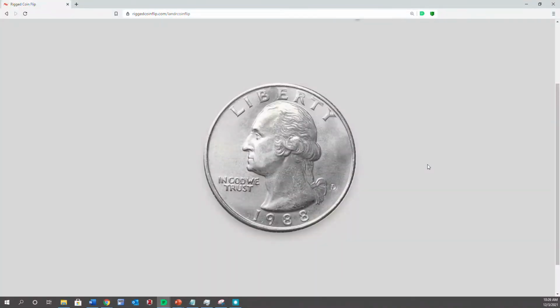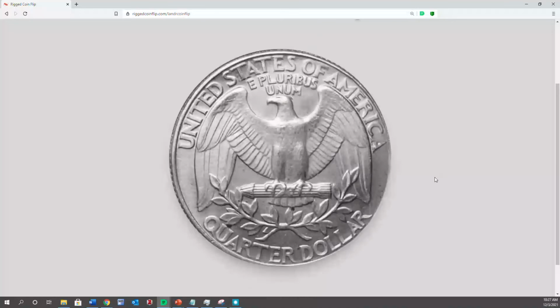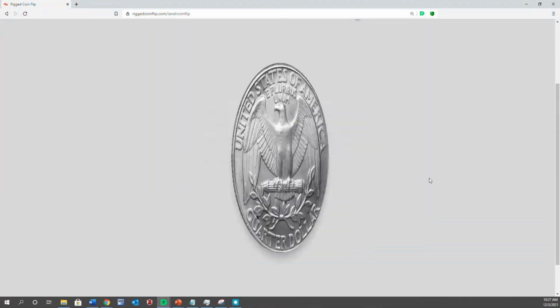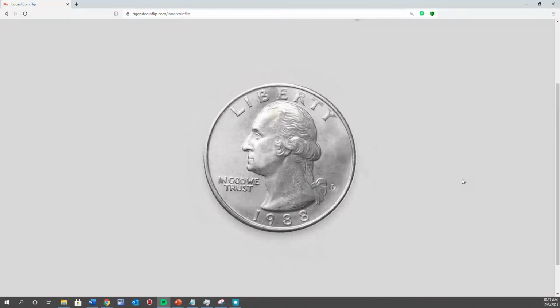Now, if this coin was a rigged coin, as this coin truly is, it's on riggedcoinflip.com, then you would know the result of the flipping before doing it. Specifically in this example, if I click on the right, it is always going to be tails, whereas if I click on the left, it is always going to be heads.